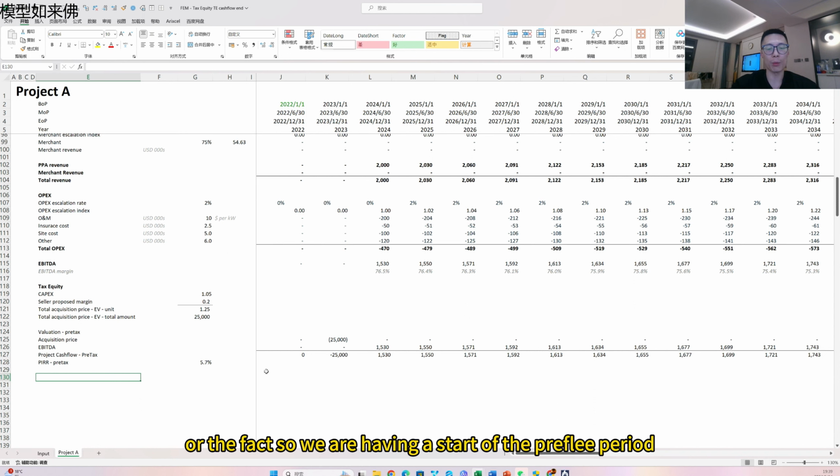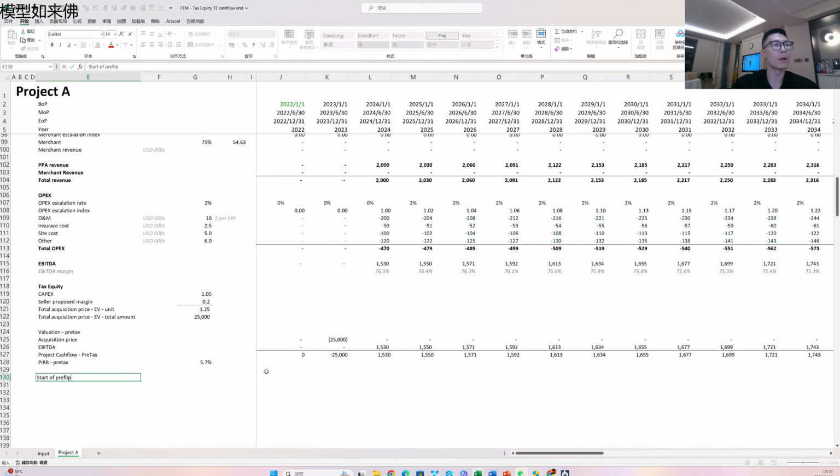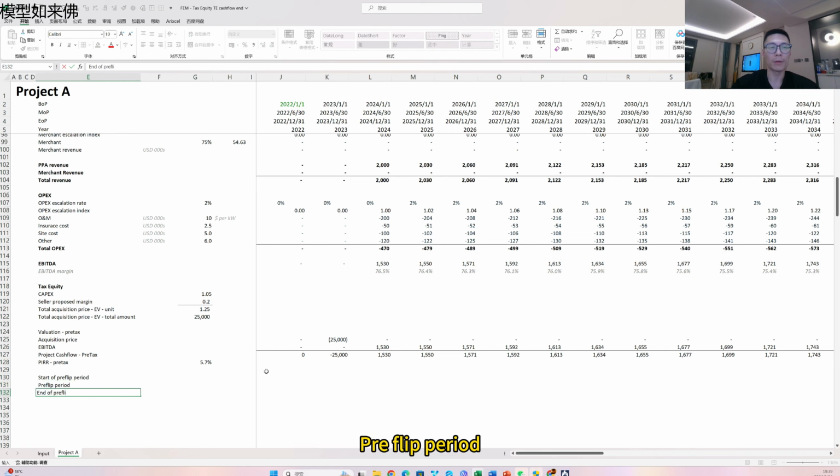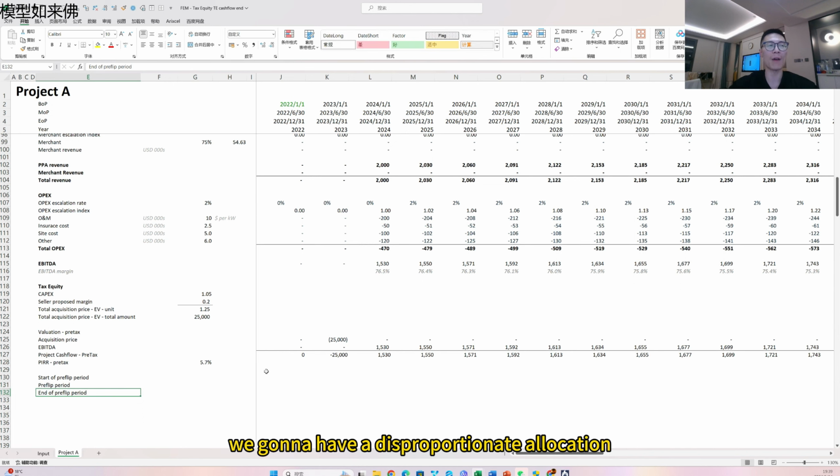So we are having a start of the pre-flip period, pre-flip period, and end of pre-flip period. Remember, for the pre and the post-flip, we're going to have a disproportionate allocation based on different percentages to the tax equity investor as well as to the sponsor. The disproportionate allocation is going to be applied in the cash flow as well as the P&L income.